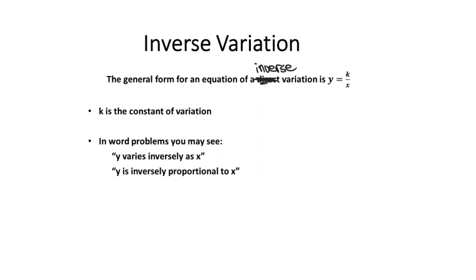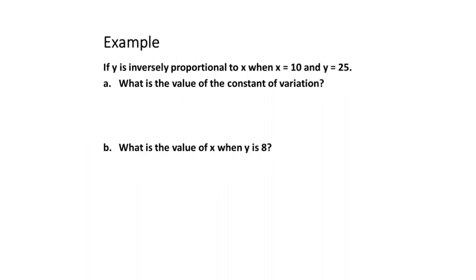And in word problems, you may see this shown as y varies inversely as x, or y is inversely proportional to x. The examples that we are going to do are very, very similar to what we just did. We're just using the different equation. Question A, y varies inversely to x when x is 10 and y is 25.